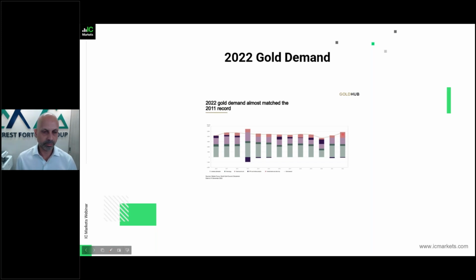Because of that, a lot of other central banks became very concerned, because if they in the future step on the wrong side of the US, something similar could happen to them. That is why a lot of central banks started buying physical gold to shore up their reserves. So this is why we had a significant demand coming in from central banks in 2022.